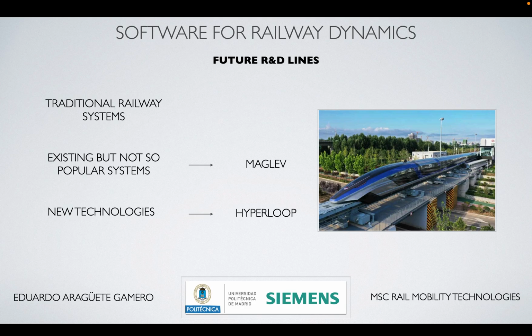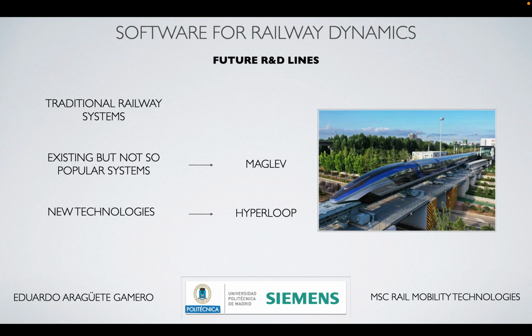We also have the future R&D lines. Traditional railway systems are still working toward higher speeds, safer trains, and more comfortable journeys, even with higher frequencies. Although those R&D lines are already a reality, there are some technologies like maglev that is used in Western Asian countries.